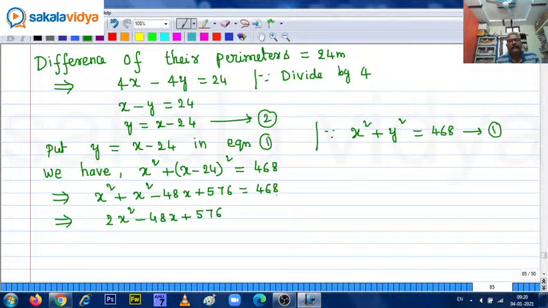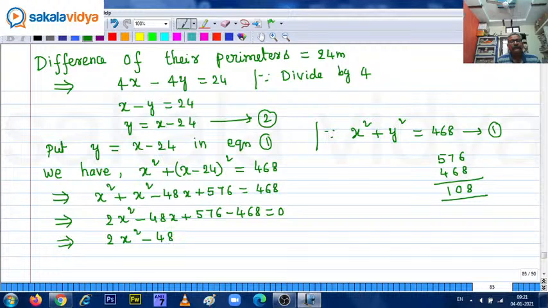Transpose 468 to this side, and you get minus 468 equals 0. Now from 576 subtract 468. How much do you get? You get 108. Am I correct? 108. So this can be written as 2x square minus 48x plus 108 equals 0.